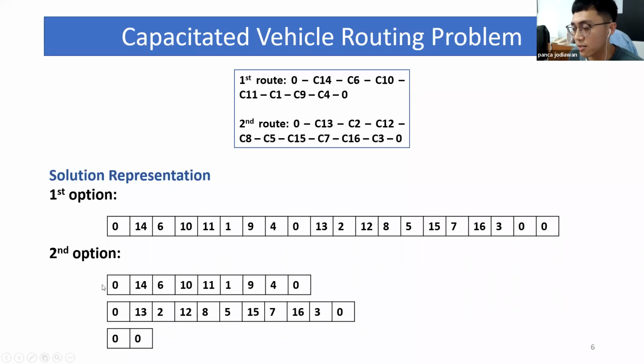So for the first vehicle, you just put in the customers visited by the first delivery van, as well as the second route. Then the third route, since the third delivery van is not used, we just put 0, 0. It means there is no route, or it is an empty route. These 2 are the solution representations that I have seen.